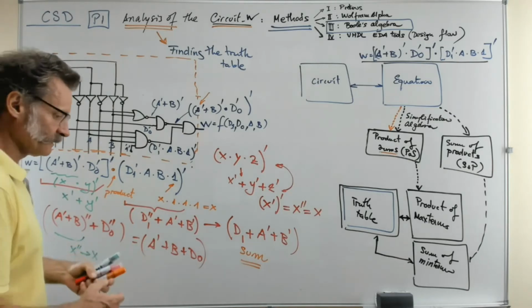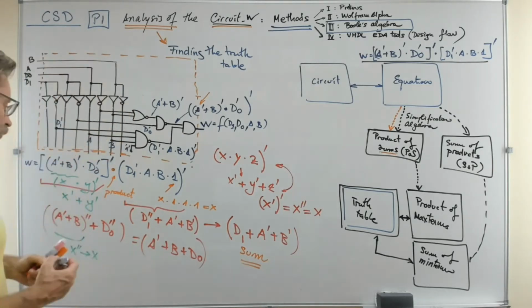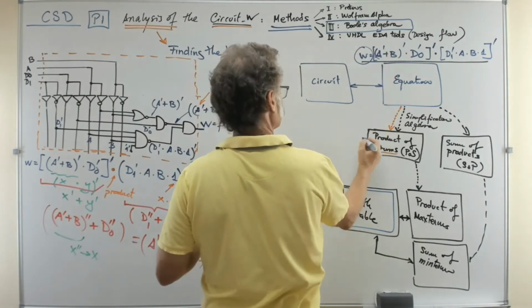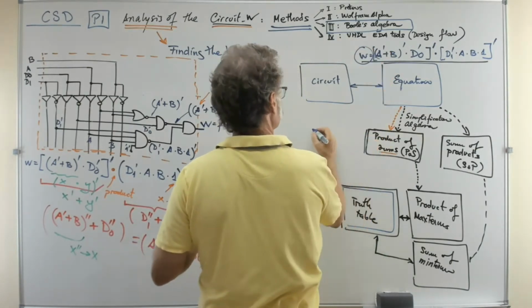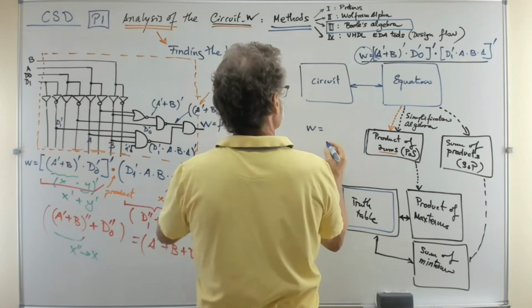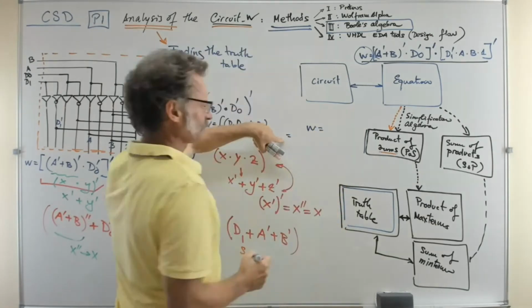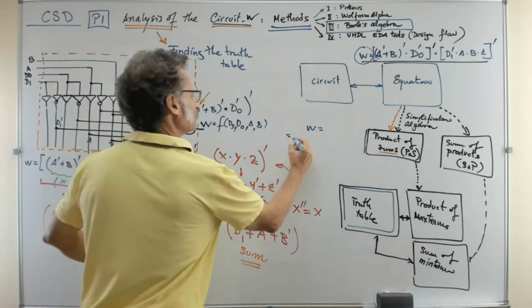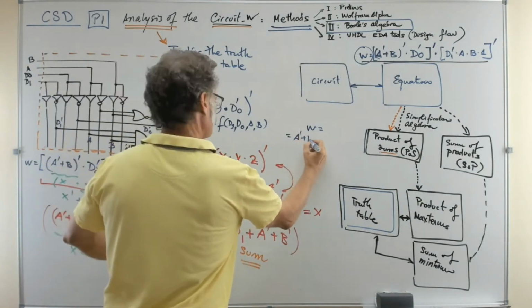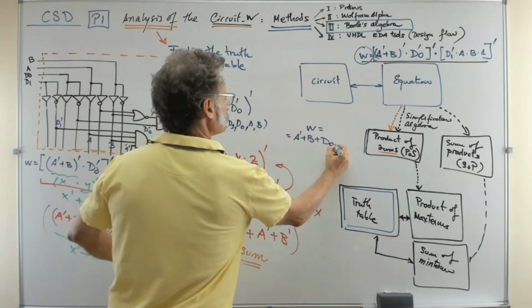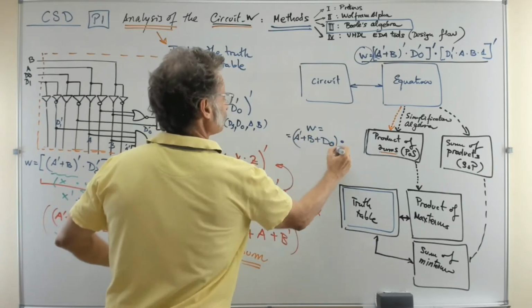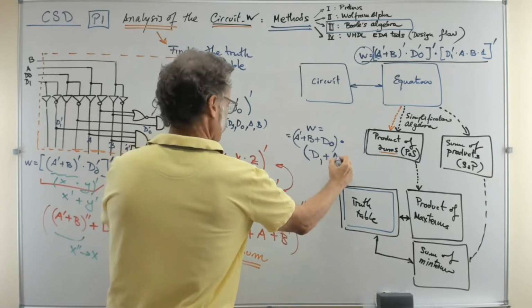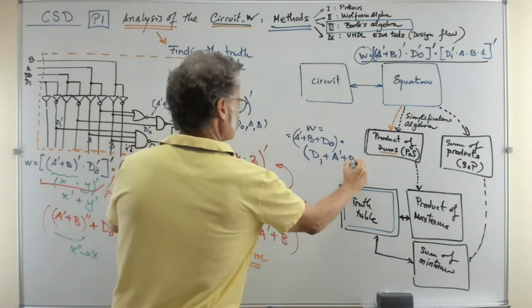I mean, the equation W has been simplified, so at this stage, W now becomes what is called, you see, a product of 2 sums. One sum is A naught or B or D0, and the other one, D1 or A naught or B naught, something like this.